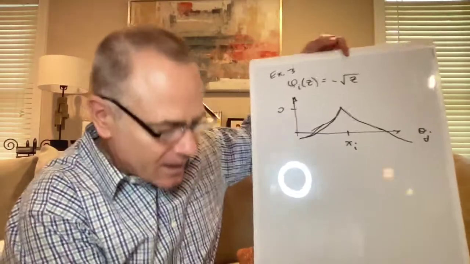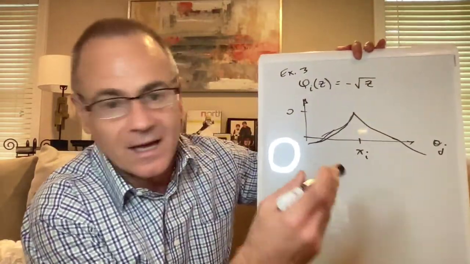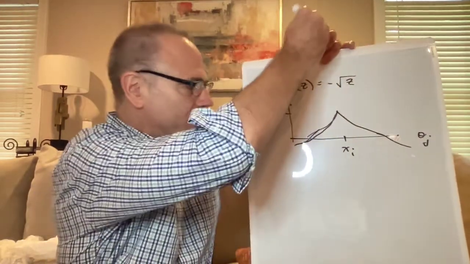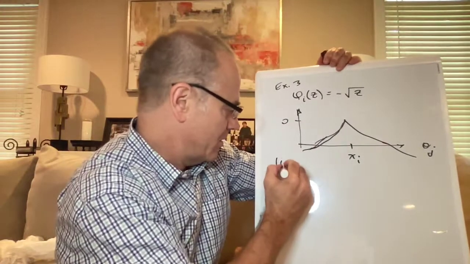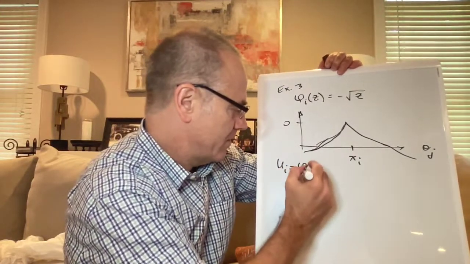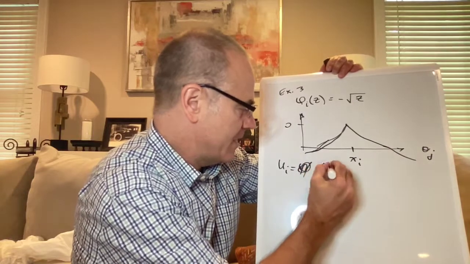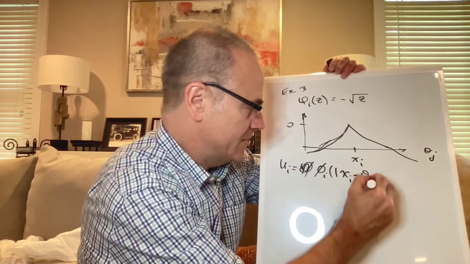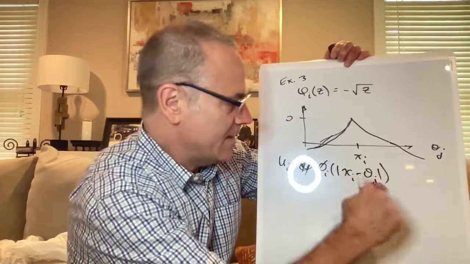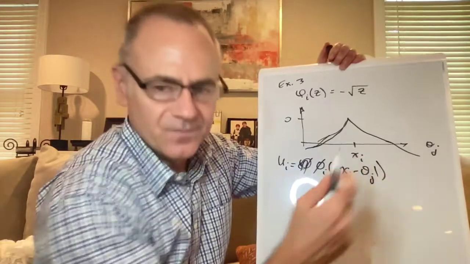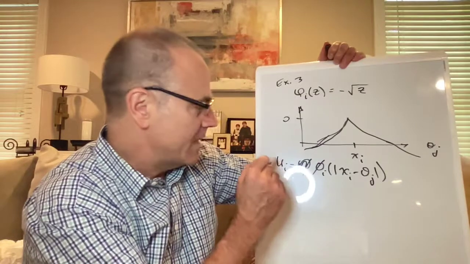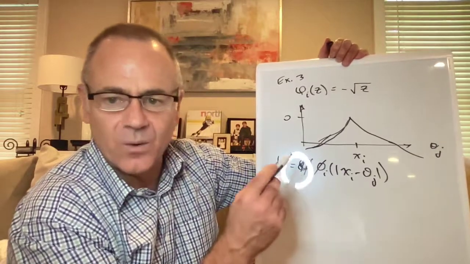Okay. Now the key is each of those examples. As long as phi is strictly decreasing, and remember it's u i equals phi i of xi minus theta j, because you're taking the absolute value of the difference, you can show that what that means is that the utility function is going to be symmetric.